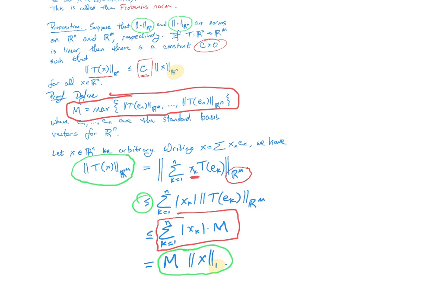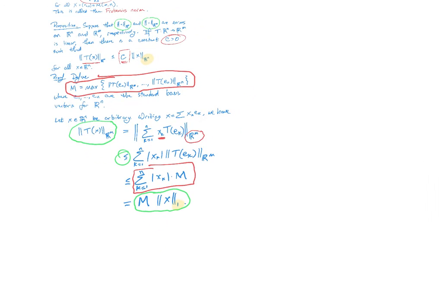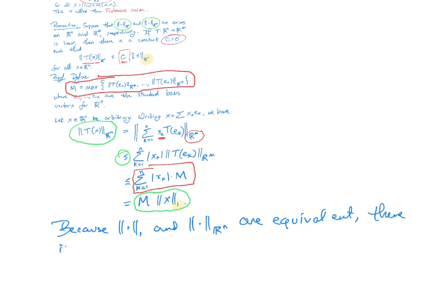Okay, so because the 1 norm on Rn and whatever norm we started with are equivalent, there is a constant, let's call it k, because there's a c in the statement of the theorem, greater than 0.